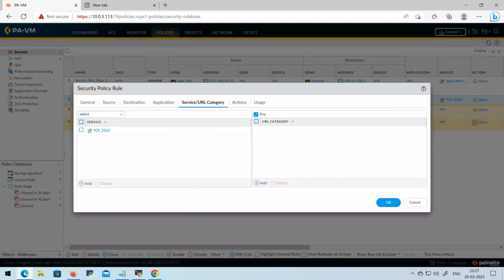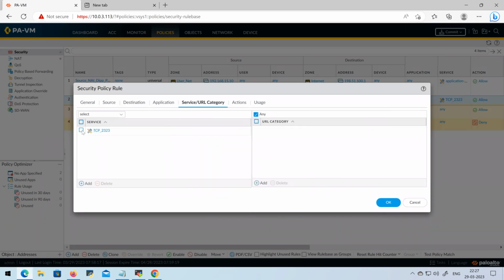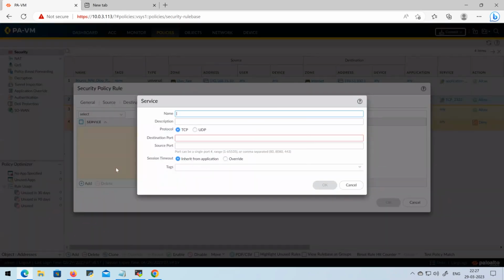It's already translated, so you have to allow 23. So after translation, it is reaching the usernet zone. So you are saying that if I remove TCP 2323 and only allow TCP 23, it will work. Yes. How many people agree with this? Please say yes or no, everyone. I want everyone's involvement.